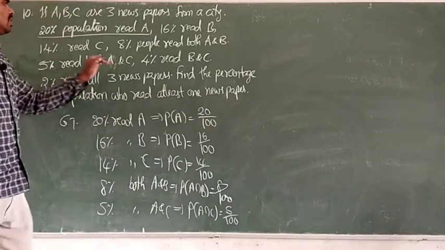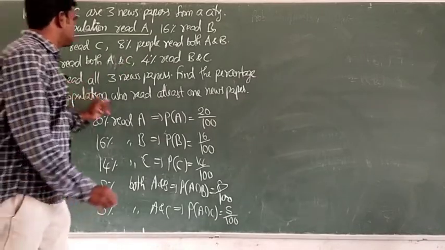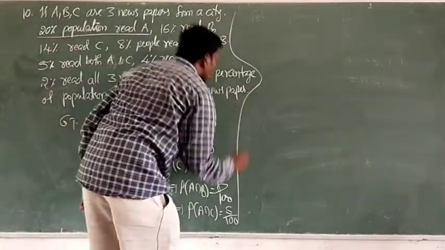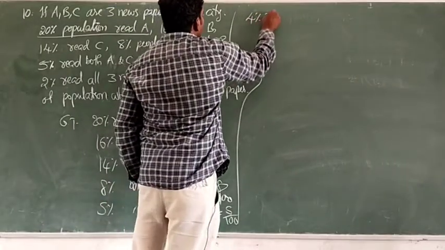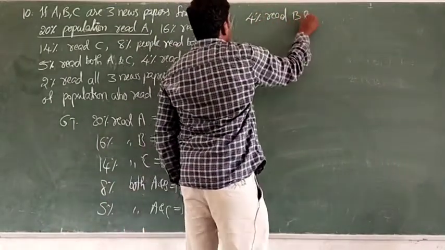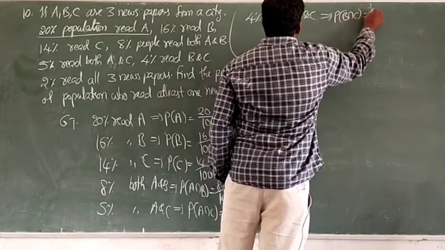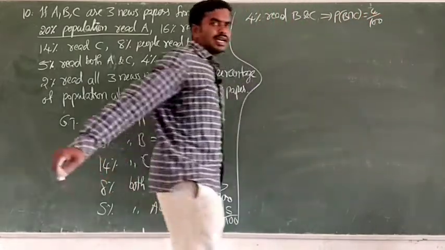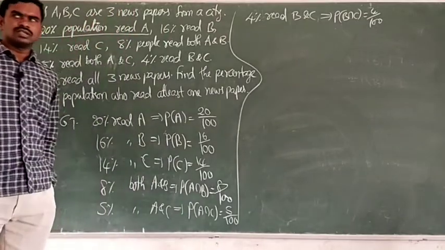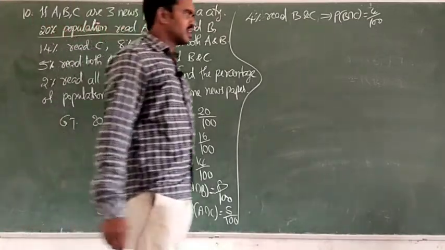Next, 4% read B and C. That means probability of B intersection C is 4 by 100. Is it clear? Okay, you can note it down.